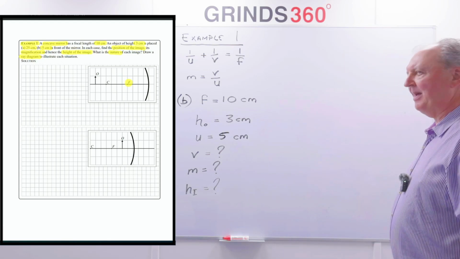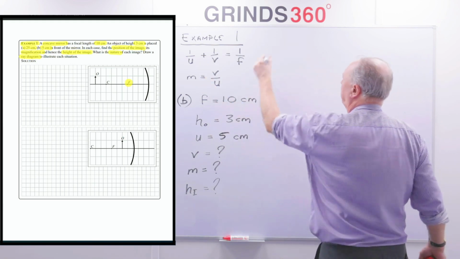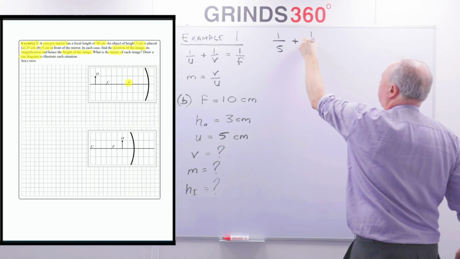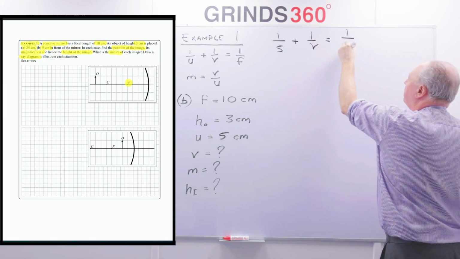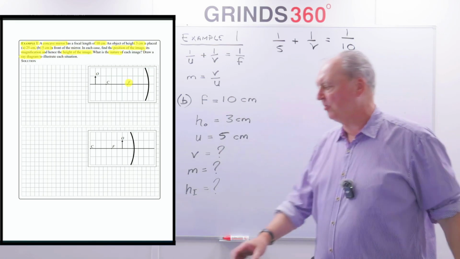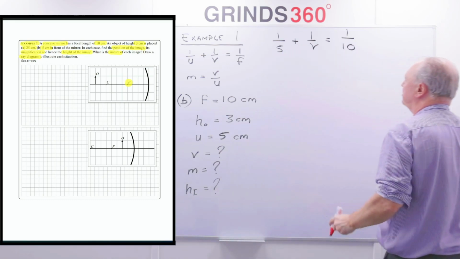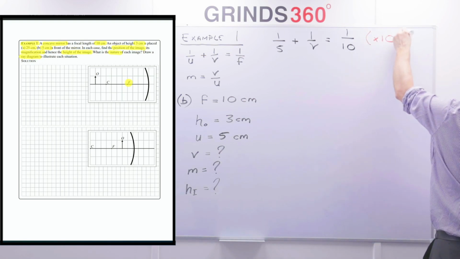So let's go ahead and do the same thing again. Let's use my mirror formula. Replace u by its value of 5. v I'm asked to find. 1/f is 1/10. So multiply right across by something that will get rid of all the fractions. 5v and 10, they'll all divide into 10v.